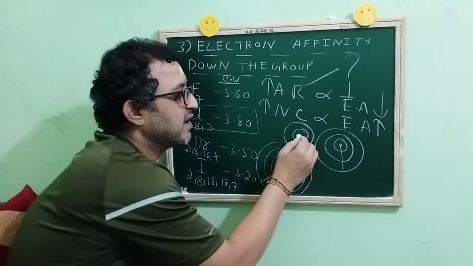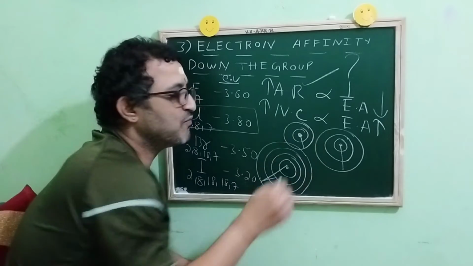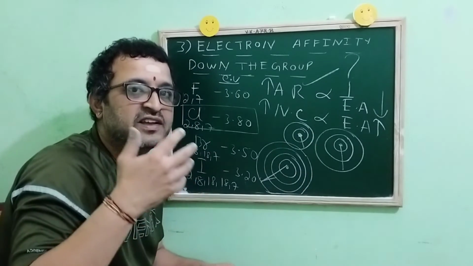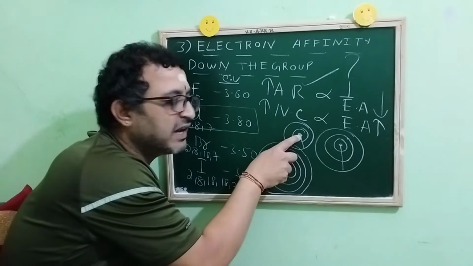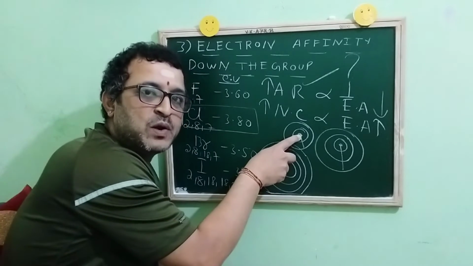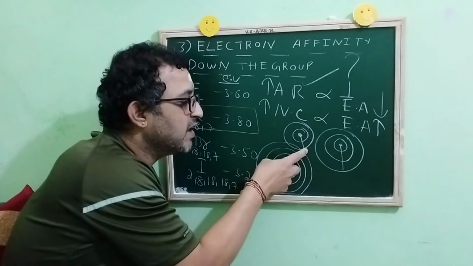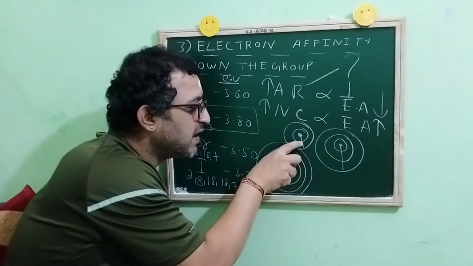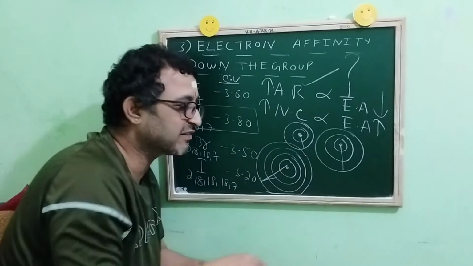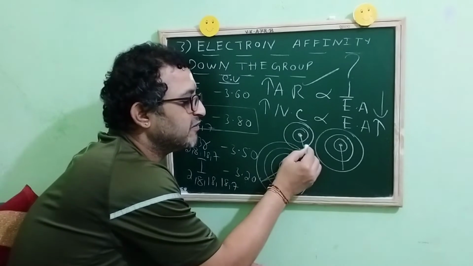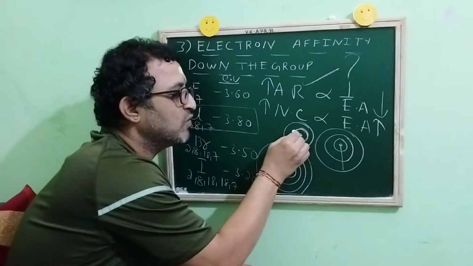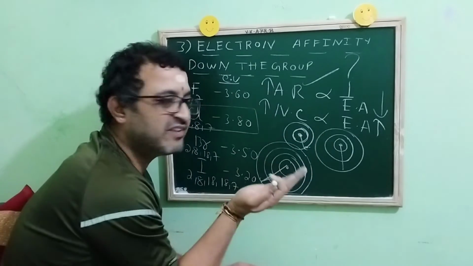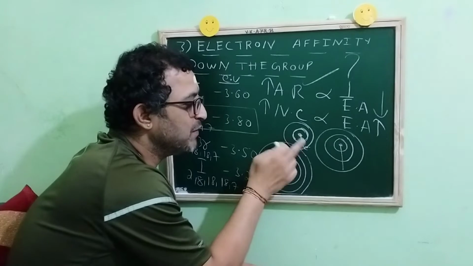Now there is one effect which I have already discussed: the shielding effect. Shielding effect is the decrease in the force of attraction between the nucleus and the outermost electron by the electrons of inner shells. Between the nucleus and the outermost electron in fluorine, there is one shell acting as a screen.